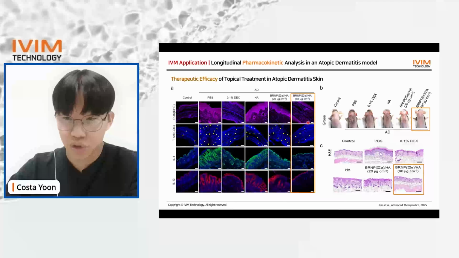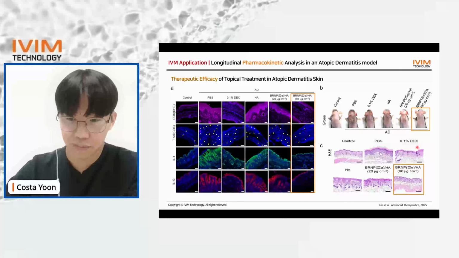In the high dosage group, ROS level, T-cell infiltration, and major atopic dermatitis associated cytokines were reduced to levels comparable to positive control. Gross images also show substantial improvement of the lesions in the high-dose topical treatment group.